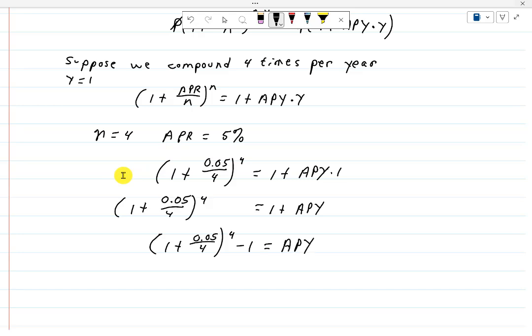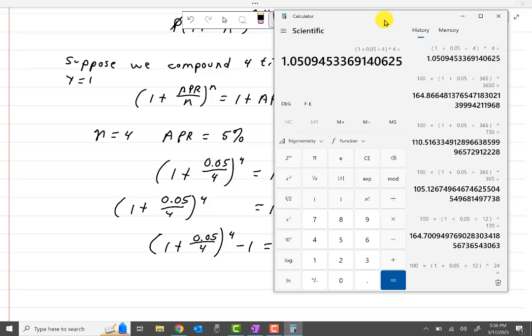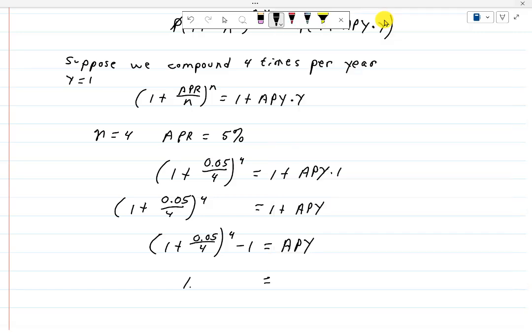And now this is something we can do on the calculator, and this will give us the interest rate as a decimal. I'll start my parenthesis, 1 plus 0.05 divided by 4, end the parenthesis, and I'll take that to the 4th power. And I'm going to do 4 decimal places. So I get 1.0509. And minus 1.